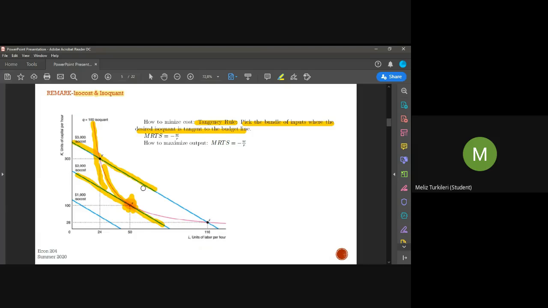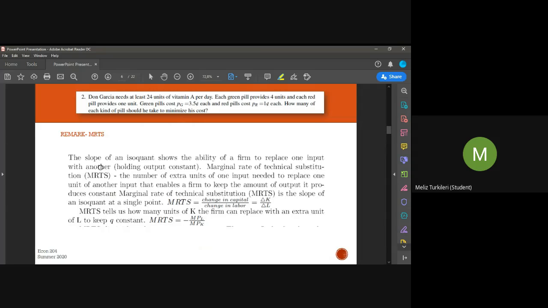We are going to use the same idea for these questions, but we are going to draw another graph to represent our information. Let's go on. I have one more remark for this part. Let's think about the marginal rate of technical substitution. This is the number of extra units of one input needed to replace one unit of another input that enables a firm to keep the amount of output it produces constant.